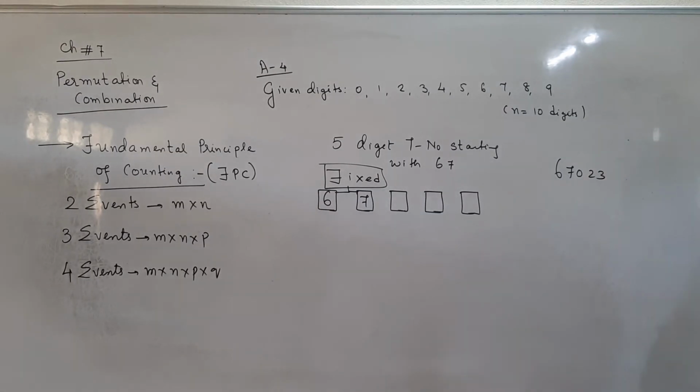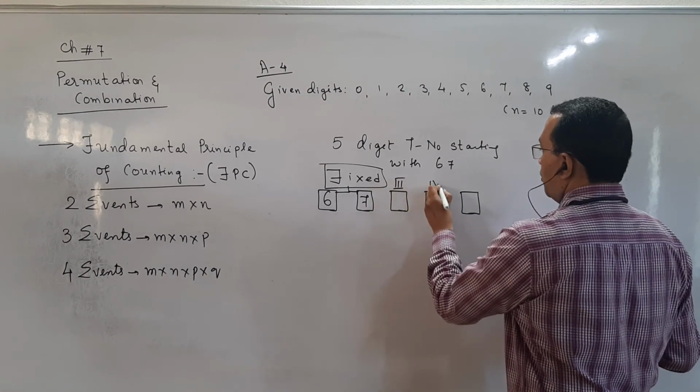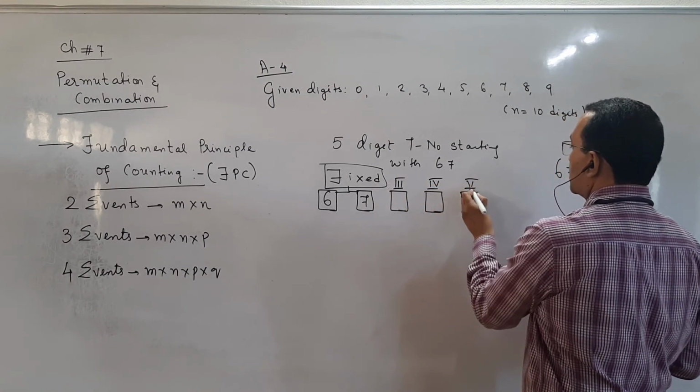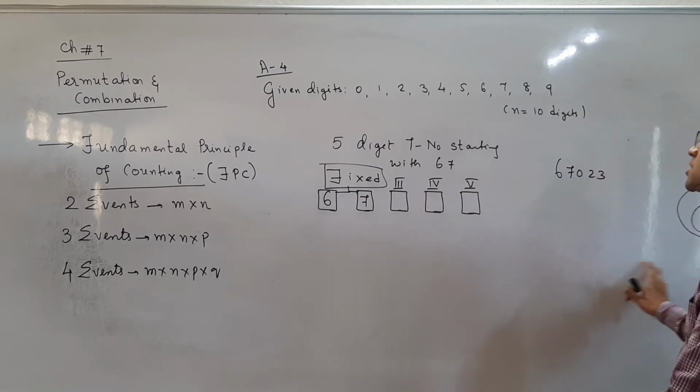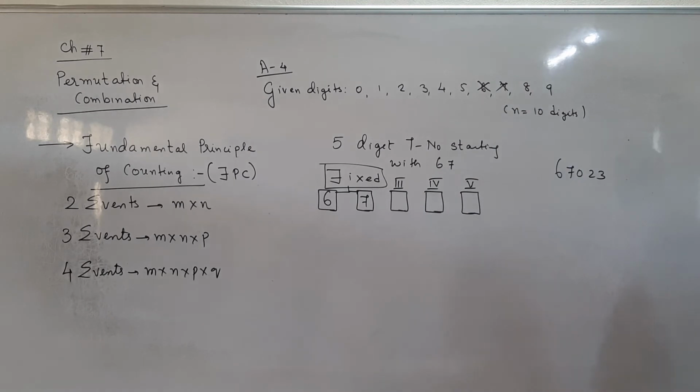Now the third digit can be 0. Of course, in a telephone number, one of the digits can be 0. Why not? So for the third digit, the fourth digit, and the fifth digit, what are the options? 6 and 7 are already removed because it is told that digits are not repeated.